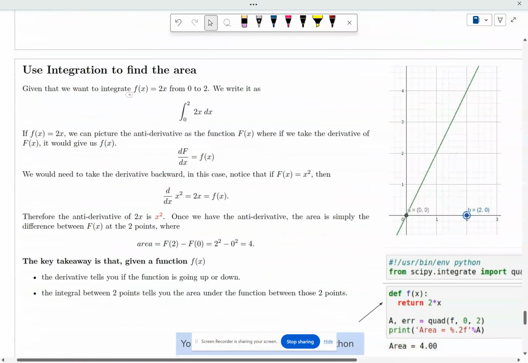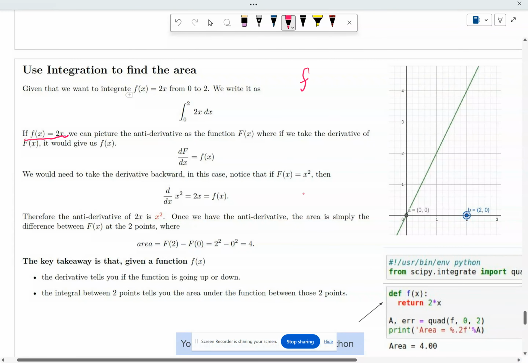Remember what I told you. This is the function, f of x equals 2x, and we can picture the antiderivative, doing the backwards of the derivative, as the function F. So we're saying that there's some function F that, if you take the derivative, gives us 2x.